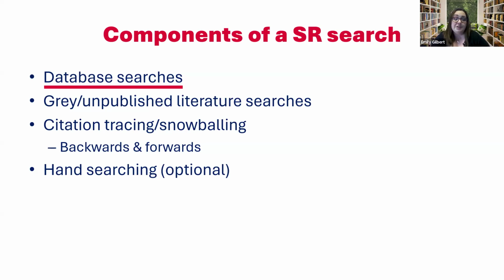That's backward citation tracing, and see what sources these studies used. Maybe there's something they used that was missed elsewhere that would be helpful for you to consider for your own review. And then forward citation tracing means going and checking what the further articles were in the scholarly conversation that actually cite that paper that you're including.